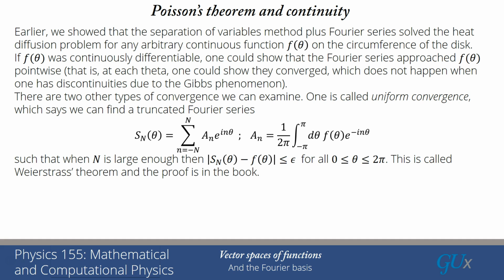And the claim is that when N is large enough, then the absolute value of Sn of theta minus f of theta will be less than or equal to some small number epsilon. Now not just at the point theta, but for all theta between 0 and 2 pi. And if that's true, then we say that the Fourier series in the limit N goes to infinity converges uniformly to the function f of theta.